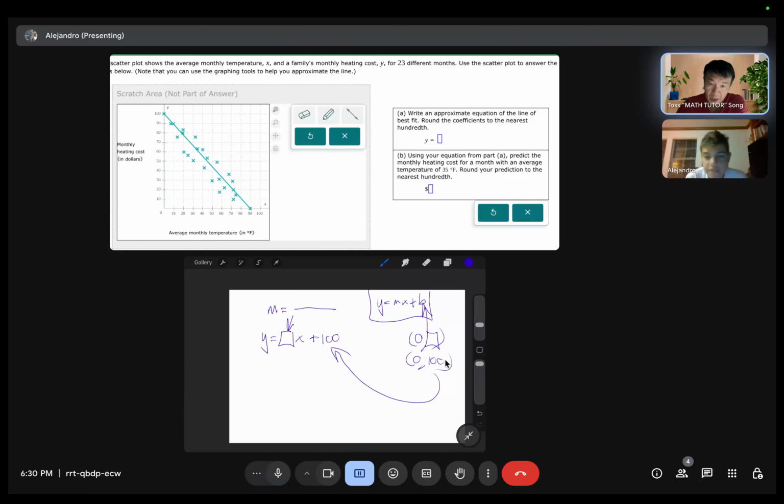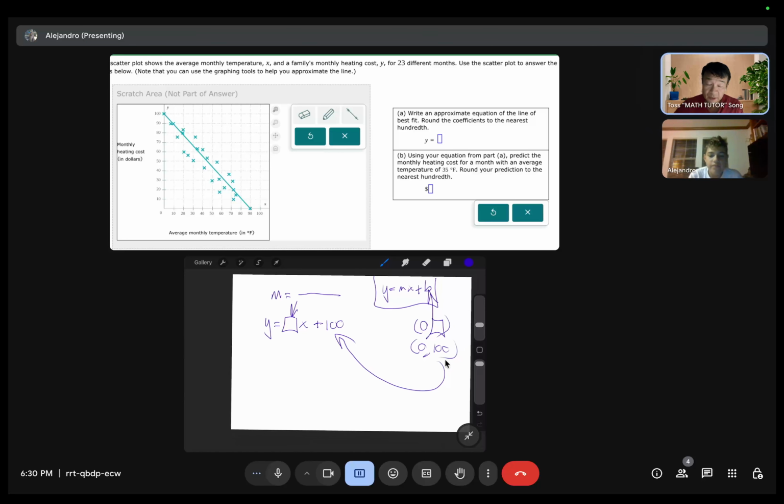Easy. I'm going to choose the points that you just chose. Let me write it out here first. The first one is 0 comma 100, the y-intercept. But don't worry about the name of it. We chose them nicely. The other point, I'm using one end to the other, will be 90 comma 0. You see what I did there? This will be your x1, y1.